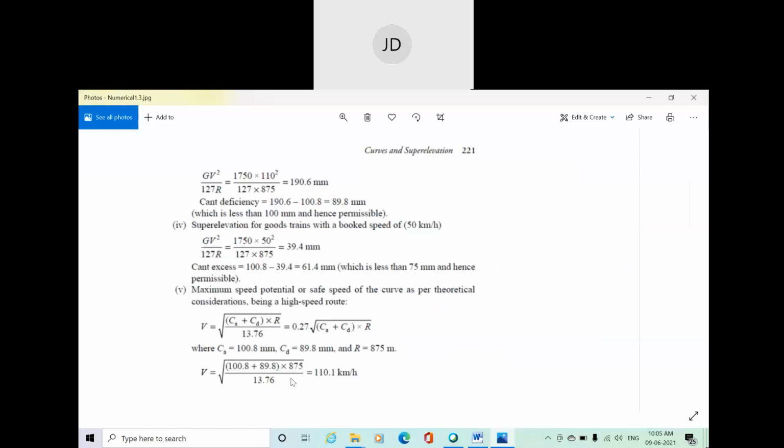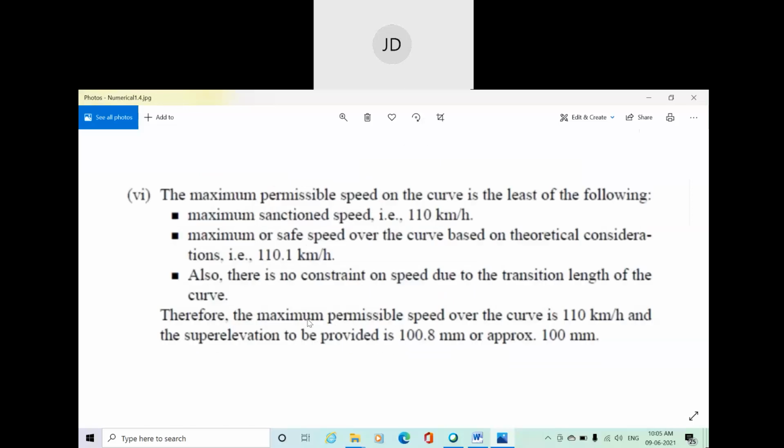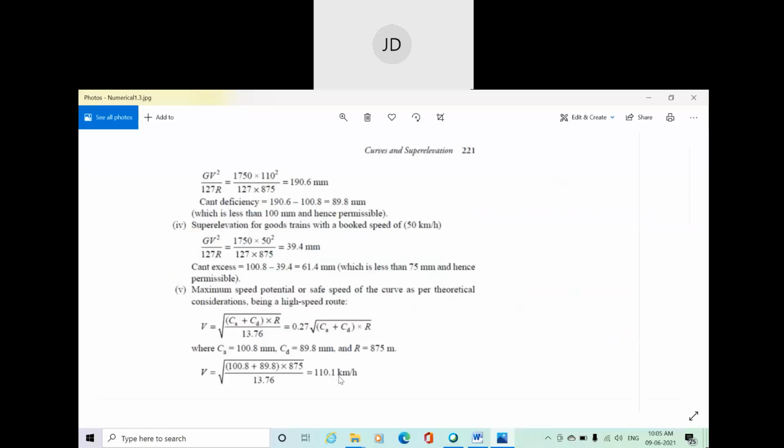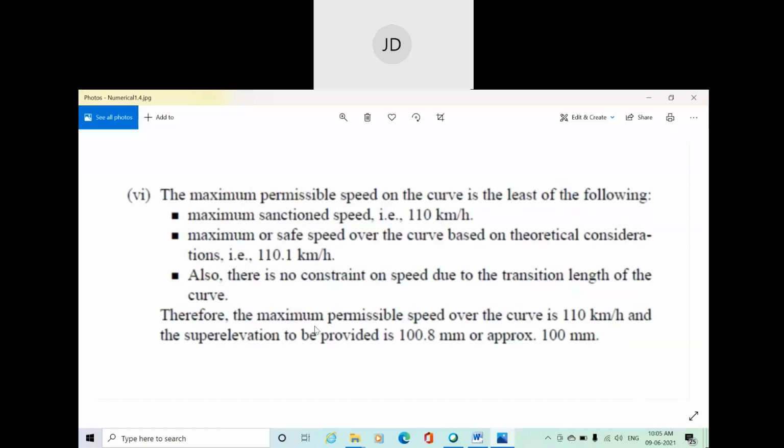Now, after getting this maximum speed of the train from this formula, the maximum permissible speed on the curve is the least of the following. The maximum sanctioned speed, which is given in the question, is 110 km per hour. Maximum or safe speed over the curve based on theoretical consideration is how much? We have got 110.1 km per hour. And also there is no constraint on the speed due to the transition curve length.